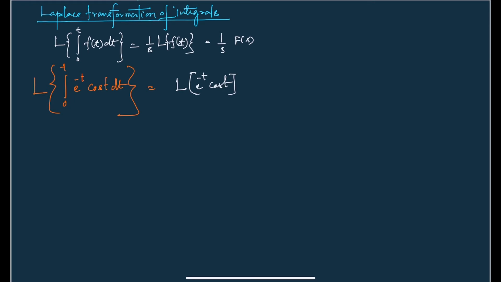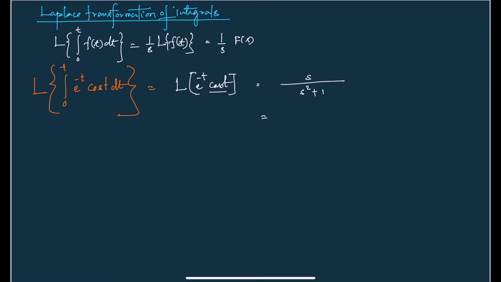To solve this Laplace transformation, what is the coefficient in cos t? The coefficient is only 1. So the Laplace transformation of cos t will be s by s square plus a square, but a is 1, so 1 square is 1. But here e to the power minus t is given, so there is going to be a shift.